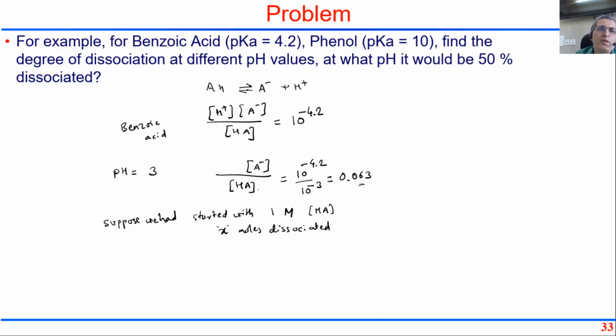We take 1 liter of 1 molar solution and X moles have dissociated, or we say the concentration of the dissociated A minus is X molar. Then the numerator would be X, the denominator would be 1 minus X. So X divided by 1 minus X would be 0.063. So X would be 0.063 divided by 1.063. Right? Do you agree with that?